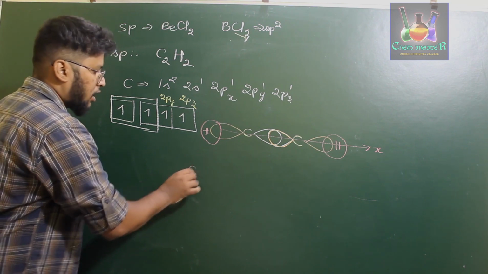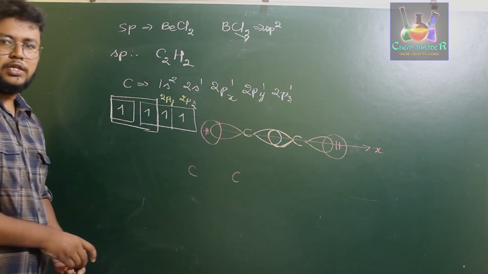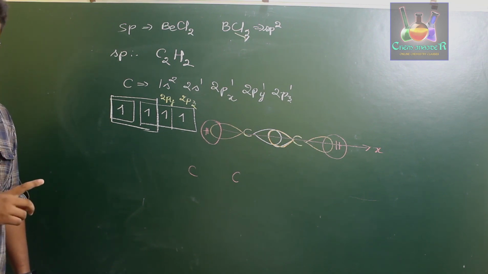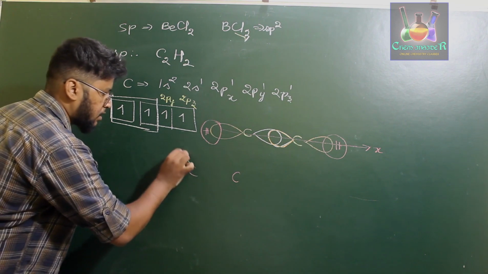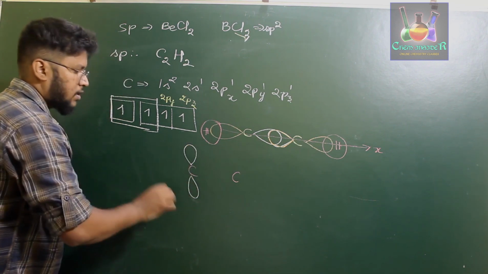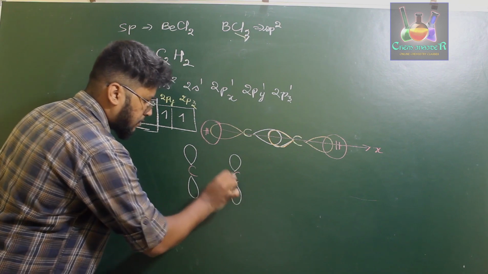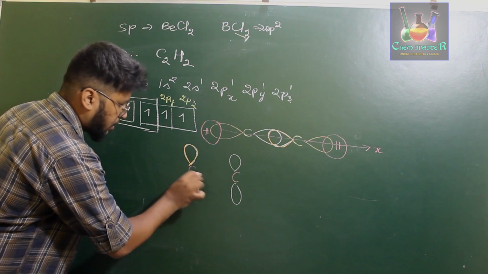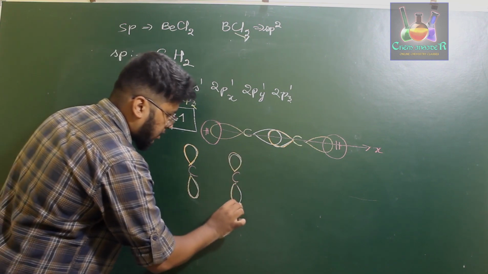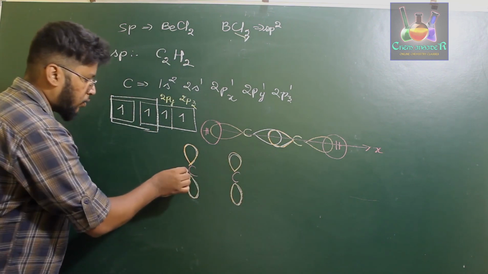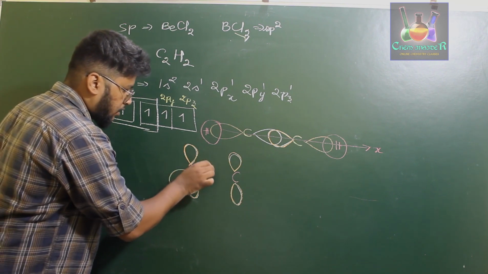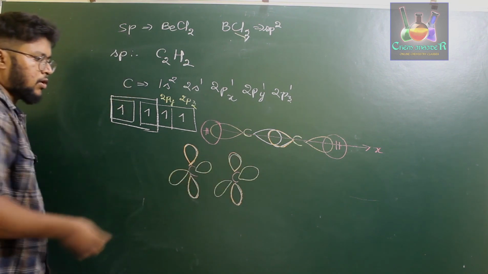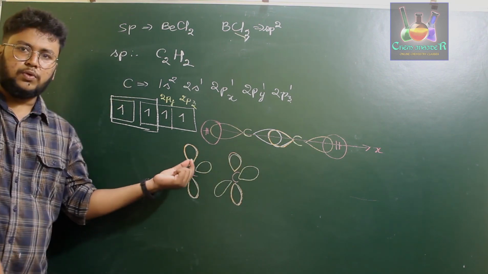If you just consider the carbon atoms in this C2H2 molecule, it has 2 unhybridized p orbitals, right? One 2p orbital is present on the z-axis, which I am going to write in orange color, and one 2p orbital is present on the y-axis. I am writing this orbital in a slanted position because it indicates the y-axis is towards you.